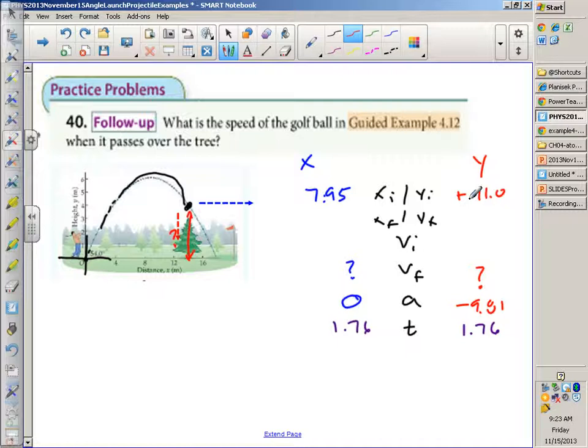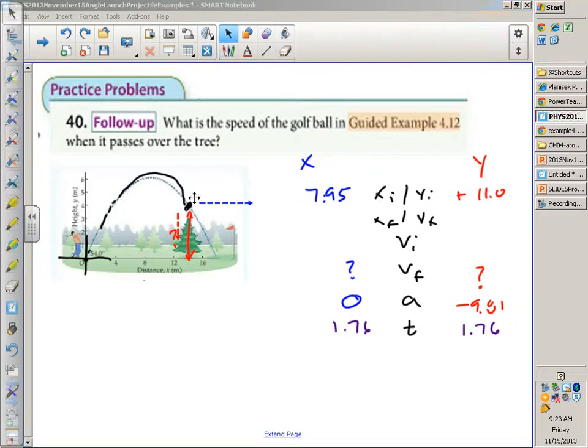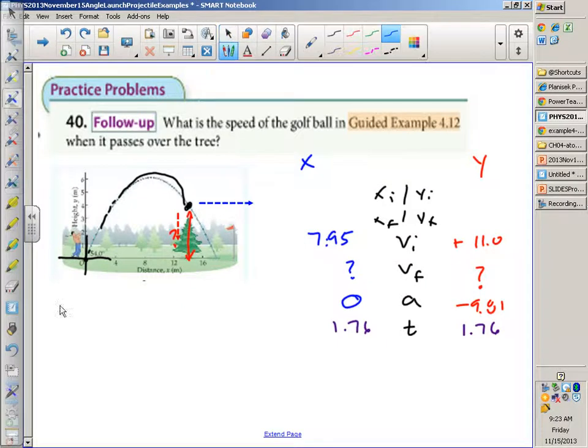Because it initially got shot upward on the y-axis. It doesn't go there. It goes here, and it goes here. Sorry about that. But we do know those, right? We know that this is 0, and this is 14, and that this is 0, and we just found out that this is positive 4.16. Found that out in the last problem, but that's where that ball ended up.